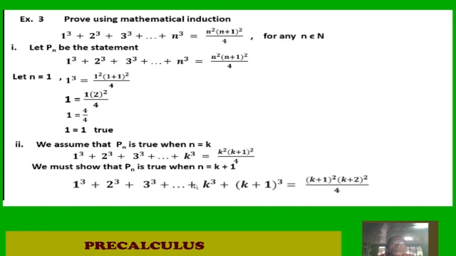So we have to add one more term because k this time is k plus 1. And n is k plus 1. Here n is k plus 1. And so with the right side of the statement, n plus 1 is k plus 2.